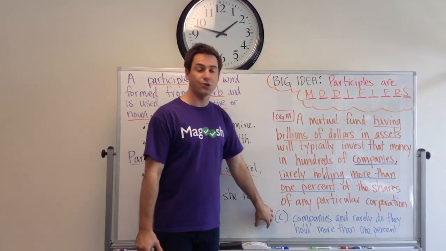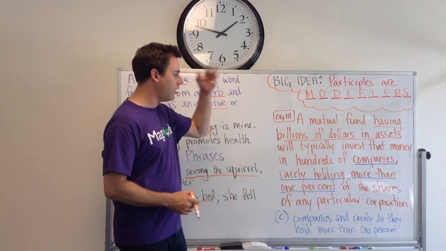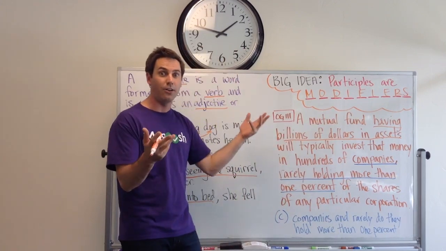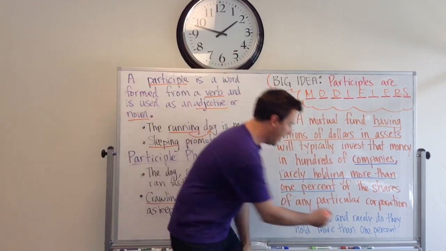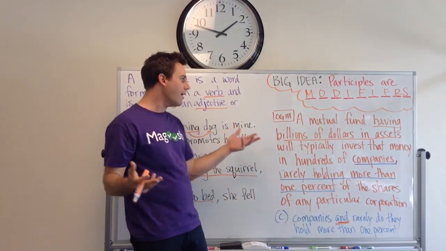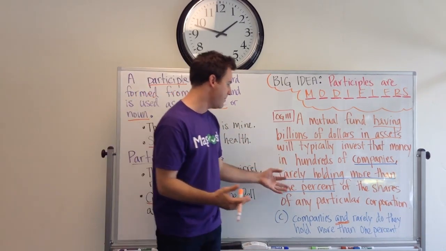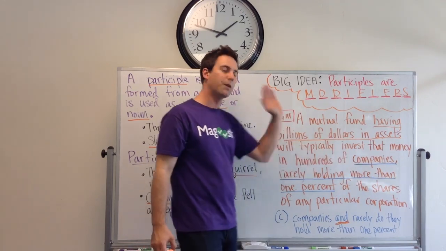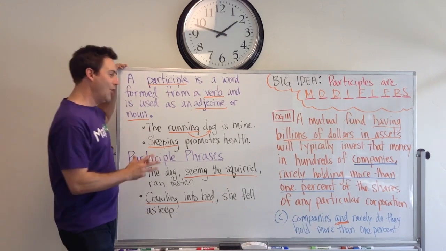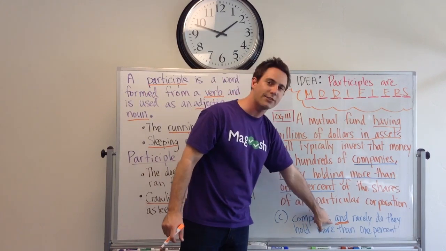And we had an answer choice. This is the incorrect answer choice. And you might think, oh, well, I have having here and then holding here. I'm going to keep these verbs parallel, and add and. And rarely do they hold more than 1%. And that will, you think, keep the sentence parallel and correct maybe this weird phrasing at the end. But if you know about participle phrases, you'll know that this is going to change the meaning.